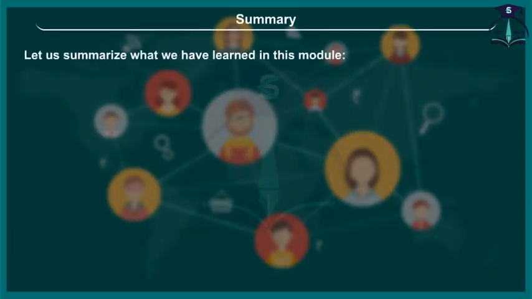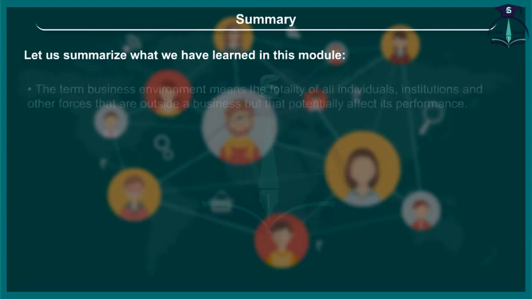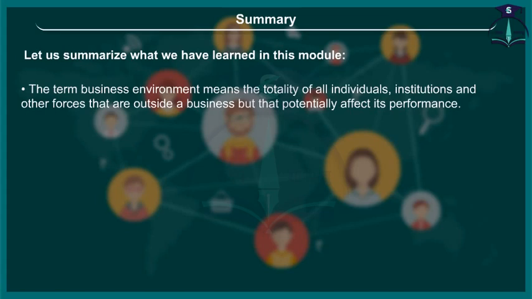Summary. Let us summarize what we have learned in this module. The term business environment means the totality of all individuals, institutions, and other forces that are outside a business but that potentially affect its performance.